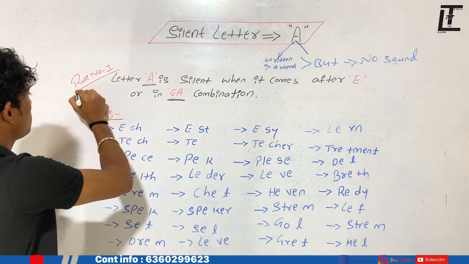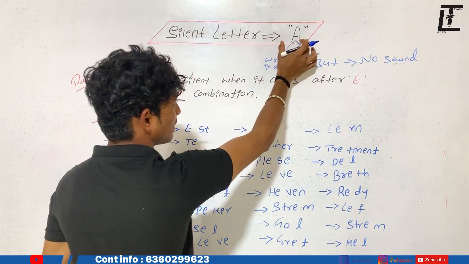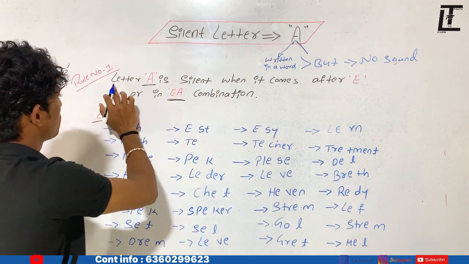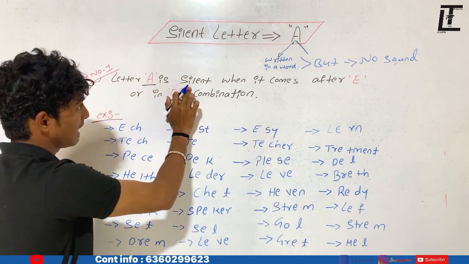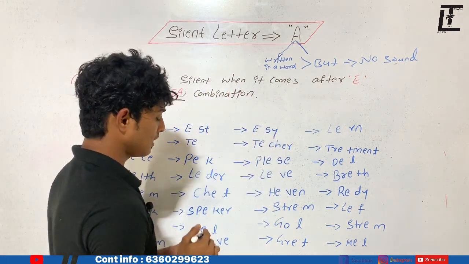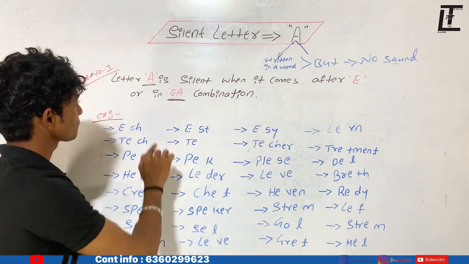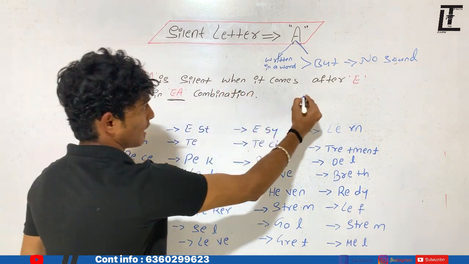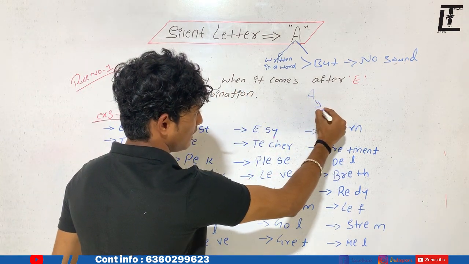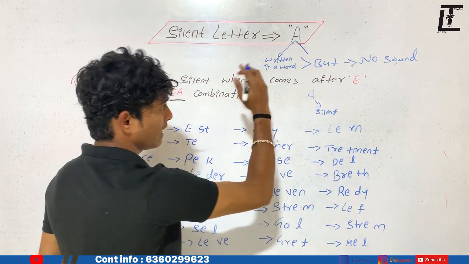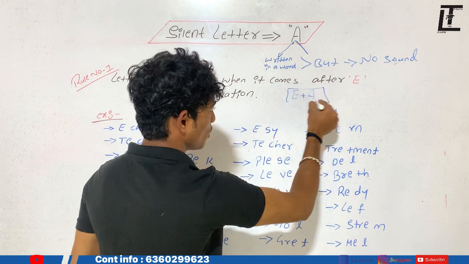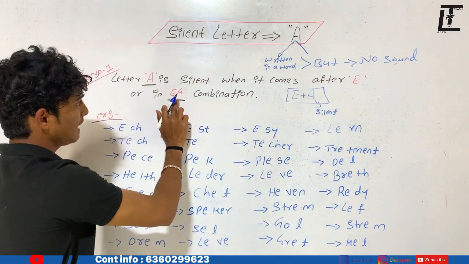So rule number 1 of the silent letter A says: letter A is silent when it comes after E. Listen to me carefully. Letter A is silent when it comes after E, or in the EA combination.